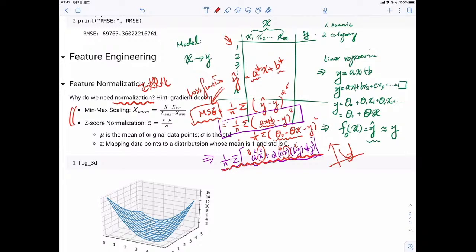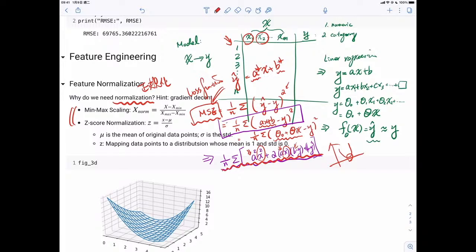Why do we need to do that? Because different features have different meanings. For example, weight, height, your salary, the distance you travel from your home to school, something like that. They have different scales.